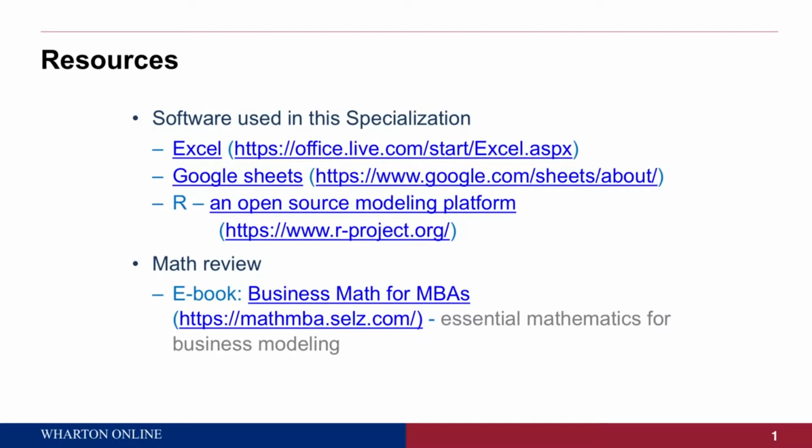And finally, if you're a little rusty in your math, or you just want to revisit some of the mathematical ideas as you go through the course, there's an ebook that you might find useful that distills a set of mathematical ideas down to the essentials that one needs to do quantitative business modeling. The idea there is that the language of quantitative modeling is mathematics and statistics. And if you're not 100% comfortable with those topics, if you're a little bit rusty, then here's a resource that can help you get up to speed very quickly on those mathematical ideas.